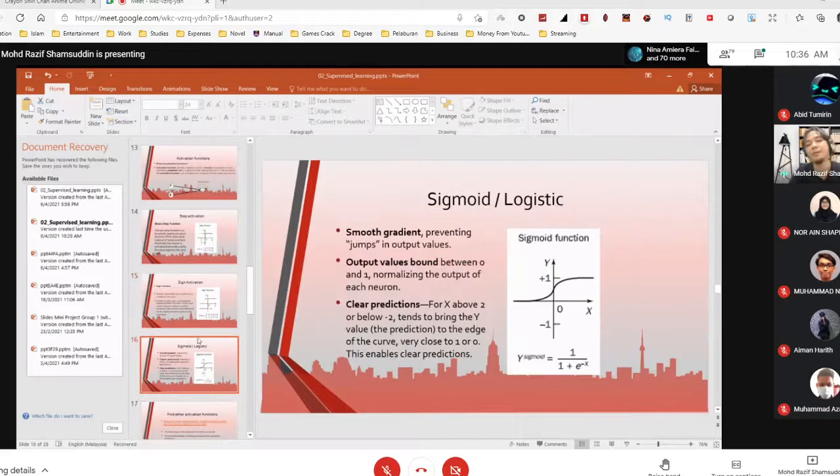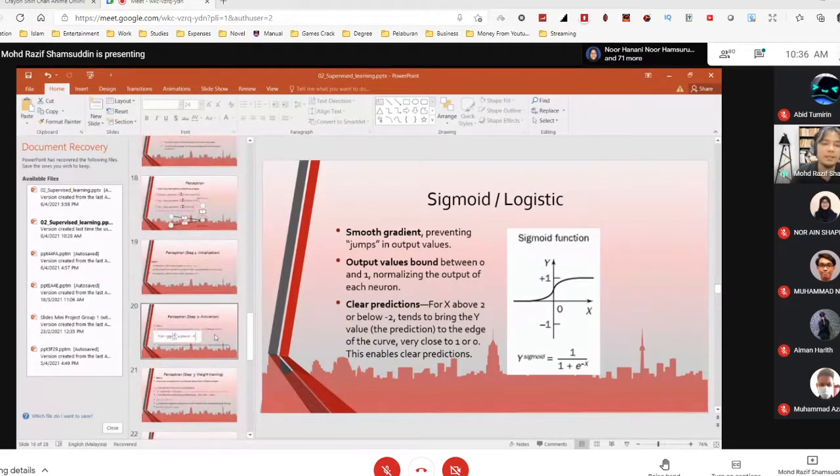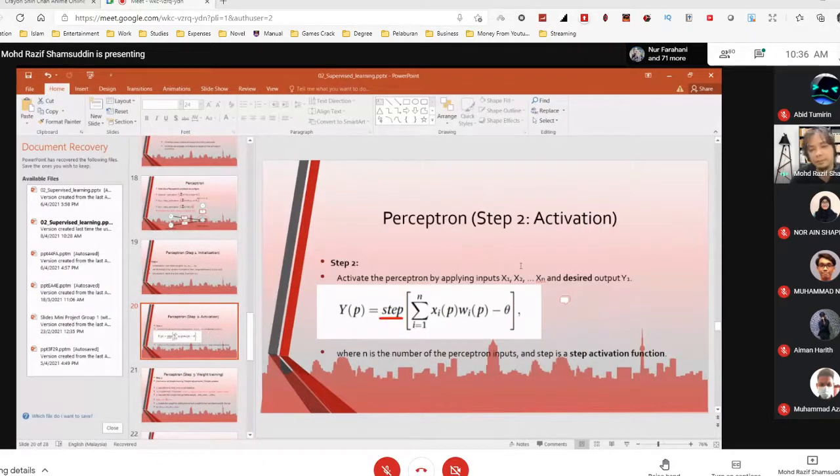If we want a smooth gradient between 0 and 1, we can use the sigmoid function. So that is the second step, activation. I know some of you may still be confused on the activation part, but when we go to the exercises, you will see how it goes.